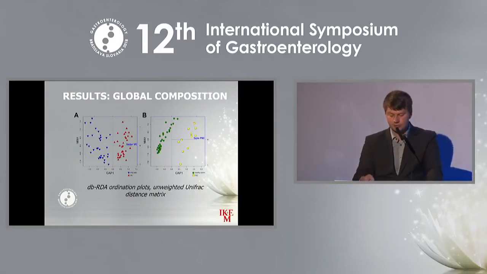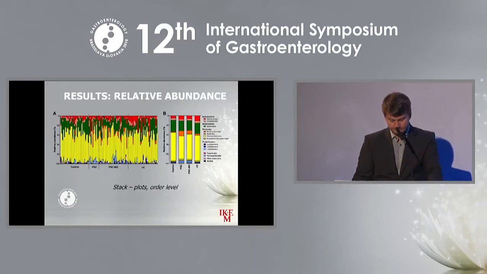Very similarly, this works for the beta diversity, which we see on the plots here, as the global composition really distinguished the liver disease from the healthy controls, and also each subphenotype of inflammatory bowel disease, the ulcerative colitis on one hand and the PSC-IBD on the other hand.